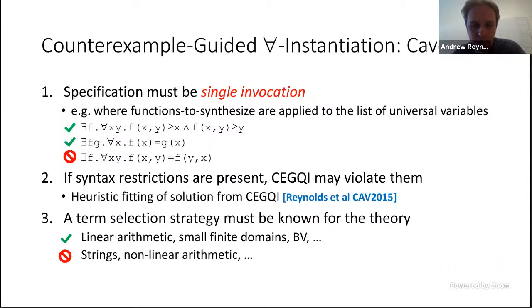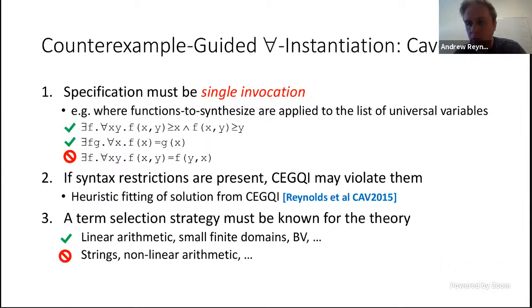The second caveat is that if syntax restrictions are present, then this method may violate them. What we do in practice is heuristic fitting of the solution that we get from counterexample-guided instantiation to the grammar. And third, a term selection strategy must be known for the theory. So we don't magically get a synthesis procedure for new theories.